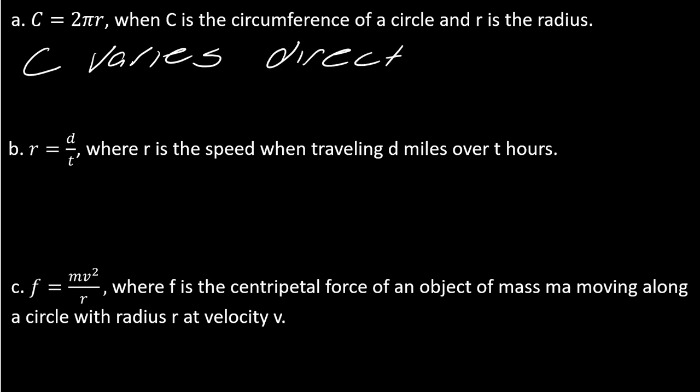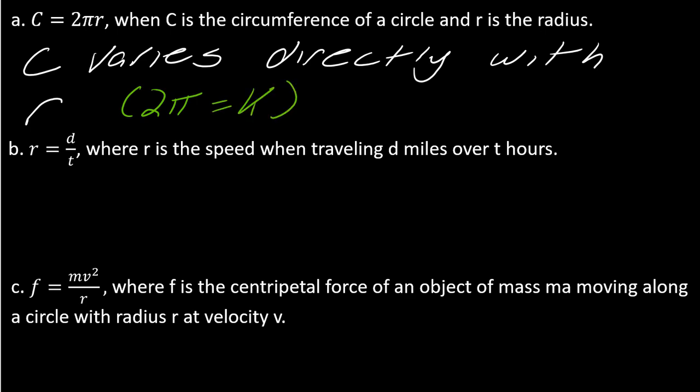So c varies directly with r. And now you might be saying, wait, but what about the 2 pi? In this case, the 2 pi in this equation is actually equal to our k. Remember, it's the idea of a constant, and so 2 pi is always in that formula. So that actually fulfills exactly the definition of a constant of variation.